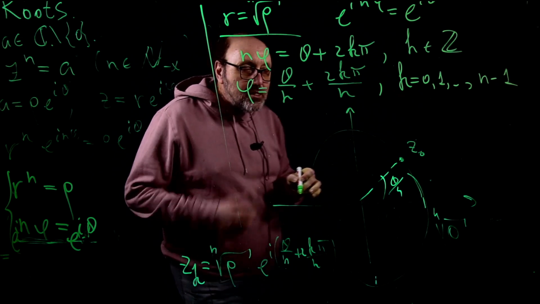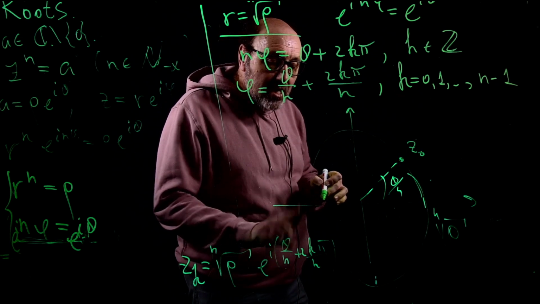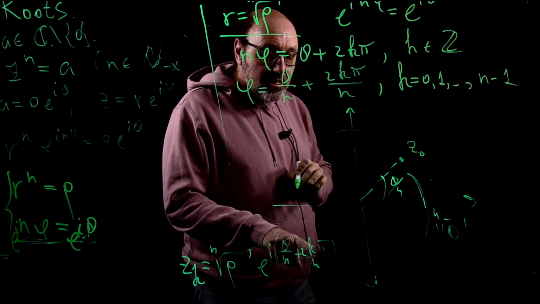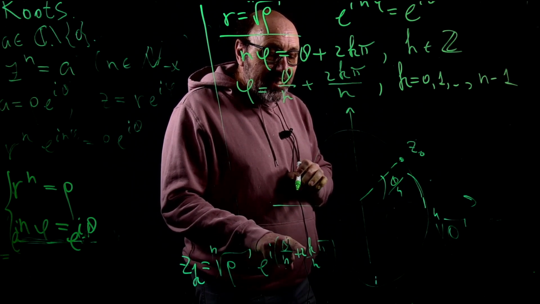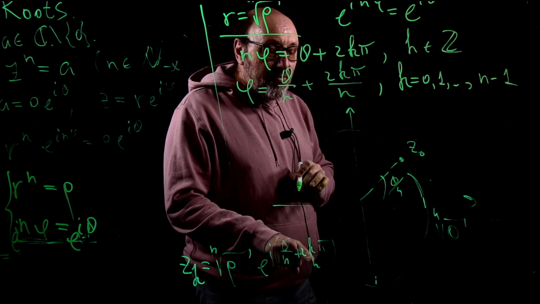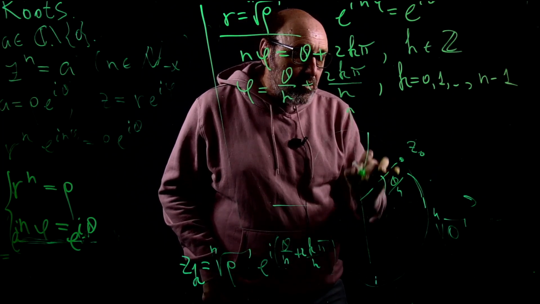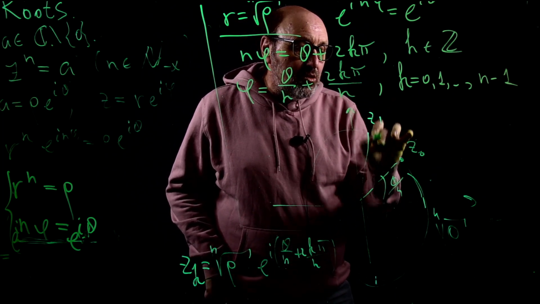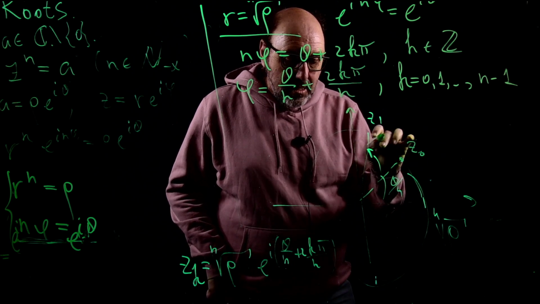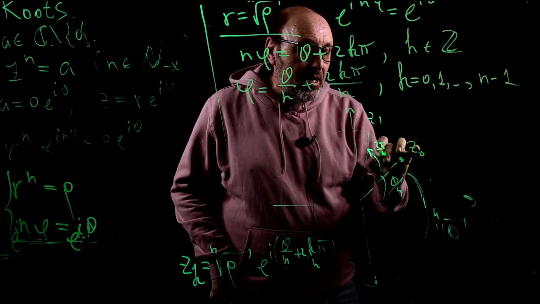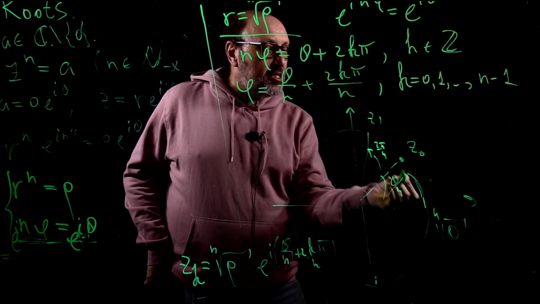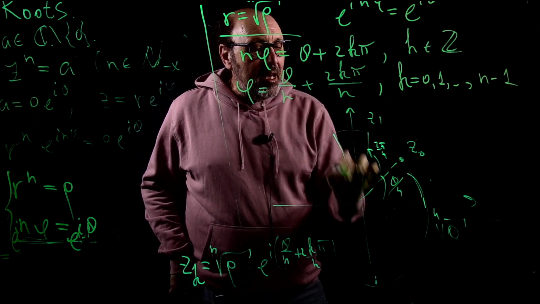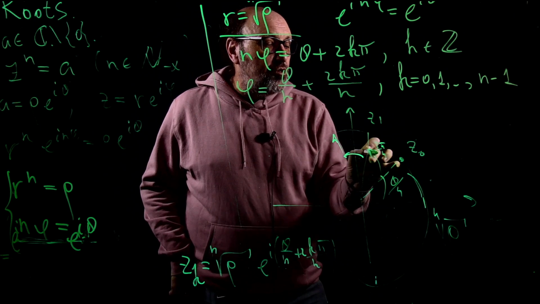And what happens when we take k equal to 1? This means that we add to our angle theta over n the angle 2 pi over n. And so we obtain z 1. Then we increase k once again, and this means that we turn our point again by the same angle, 2 pi over n.